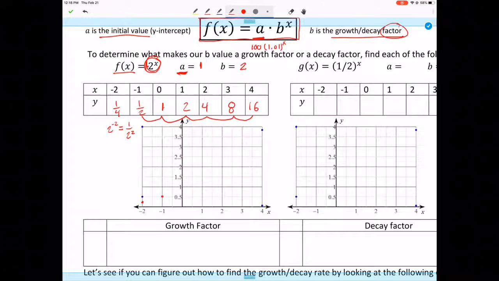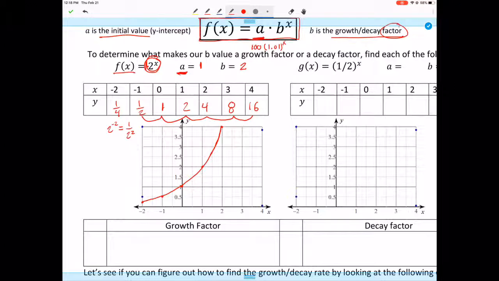1/4, 1/2, 1, 2, 4. Okay, and this is exponential growth. It's getting larger and larger as time goes on, or x goes on.